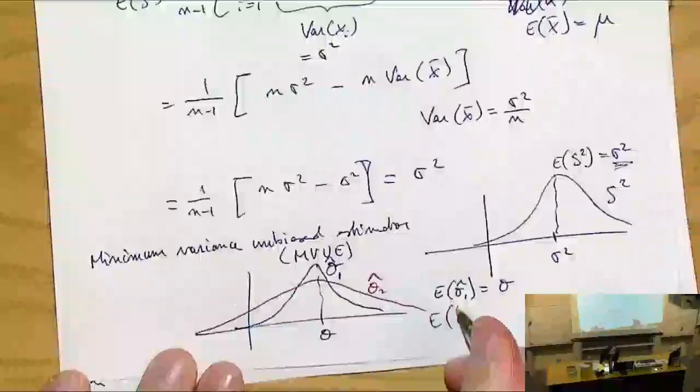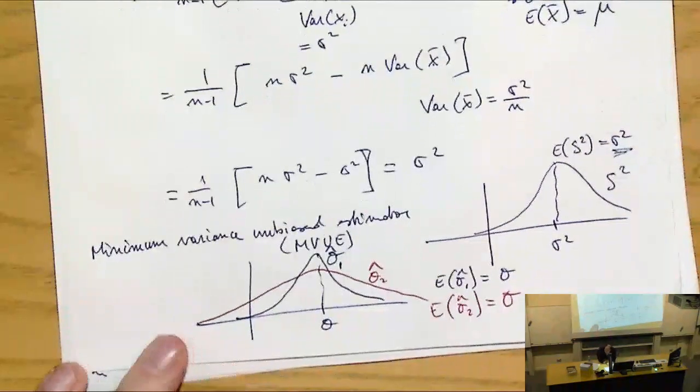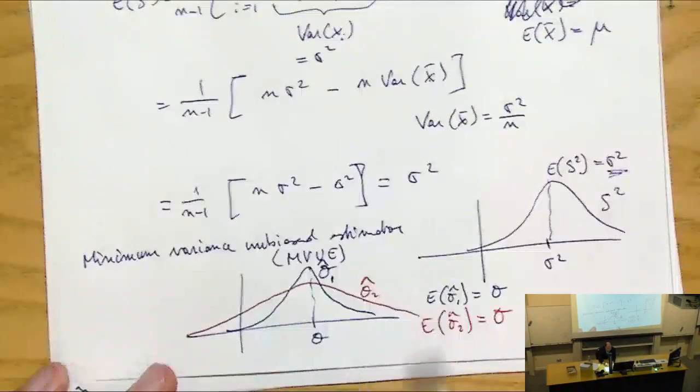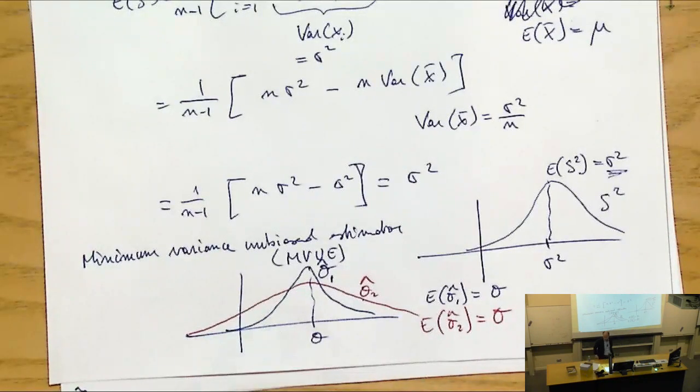They are both unbiased. But you see that the red one has a wider, larger variance. So you want to choose the one with the smaller variance. On average, both of them will give you the value that you're searching for, but you have less deviation if you choose the one with the minimum variance.